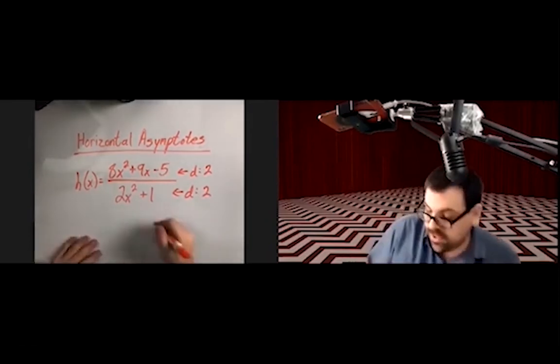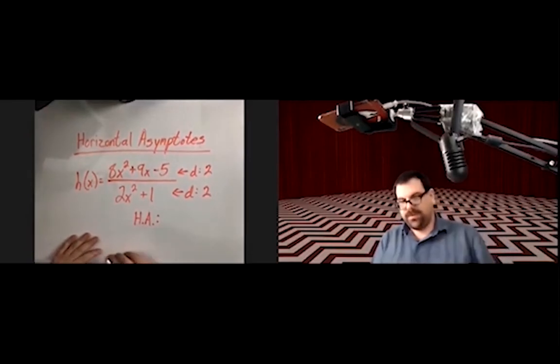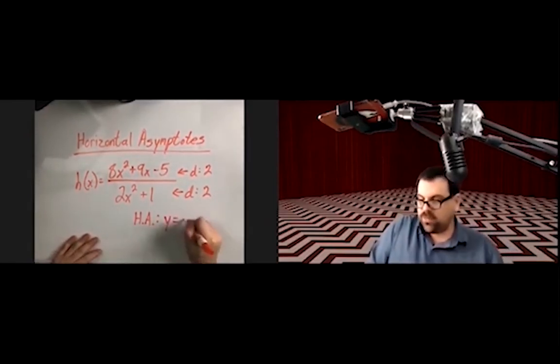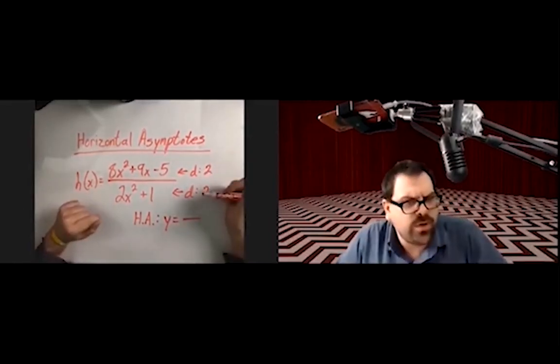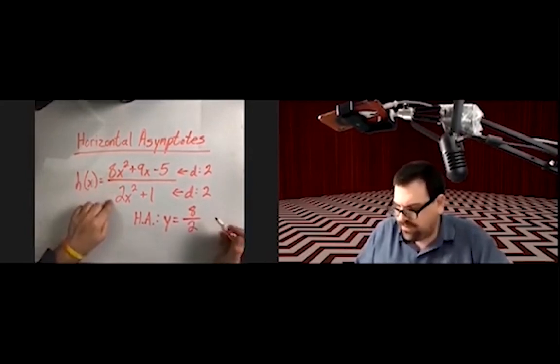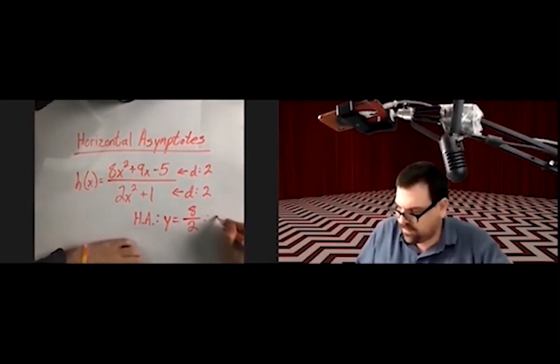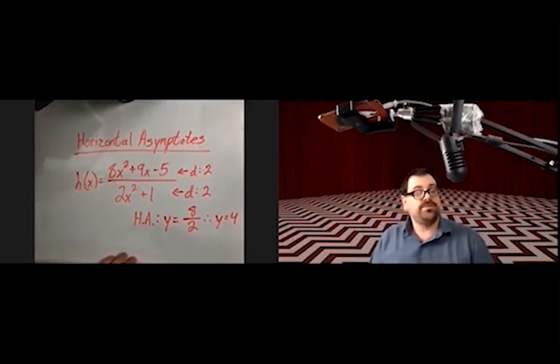So to find the horizontal asymptote, here's exactly what we're going to do. It's going to be y equals a ratio of the leading coefficients. Those x squareds, what are the coefficients? 8 over 2. Horizontal asymptote of y equals 4.